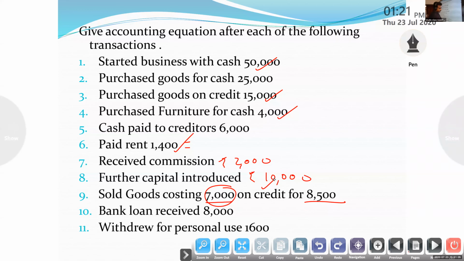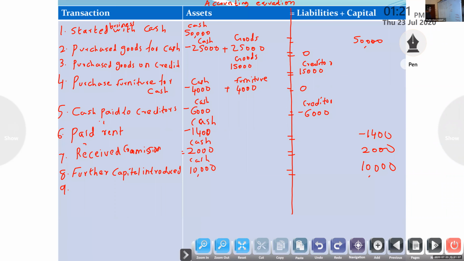Sold goods costing rupees 7,000 on credit for rupees 8,500. So sold goods, it won't affect cash. Why?